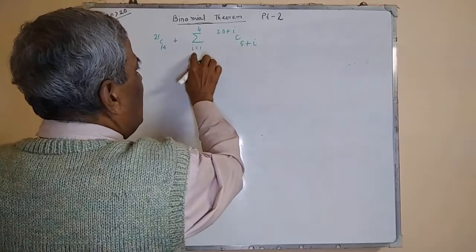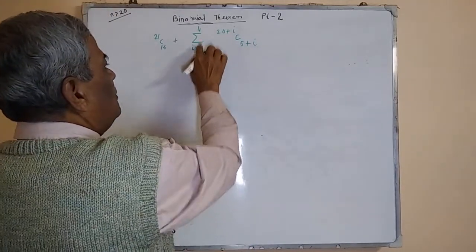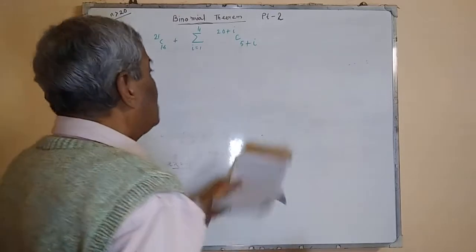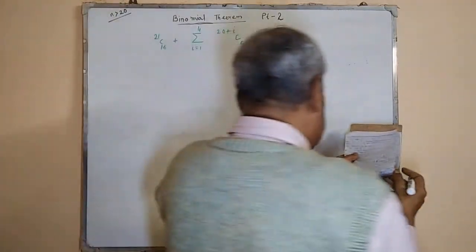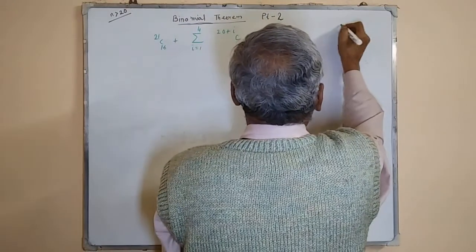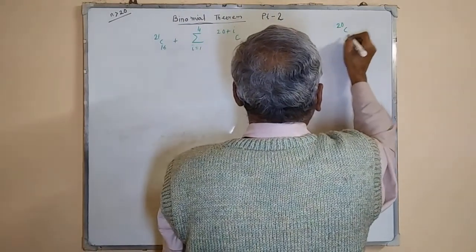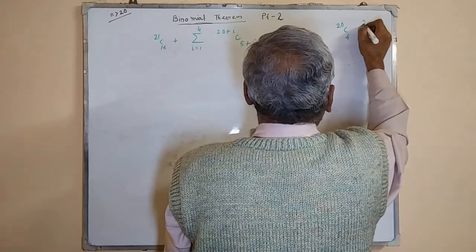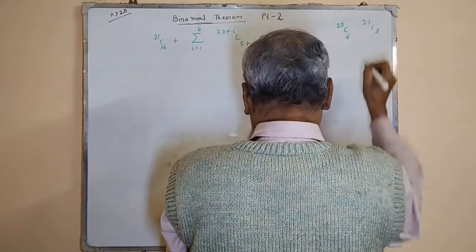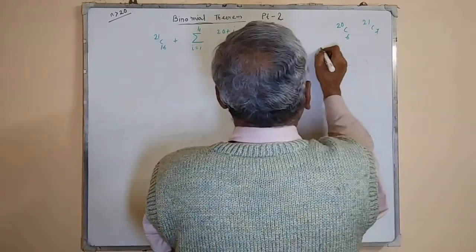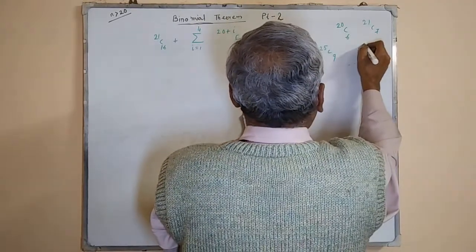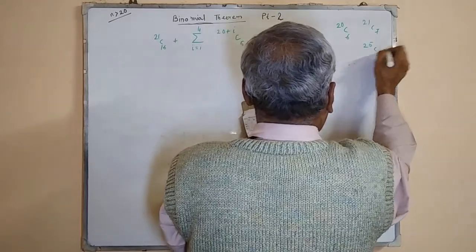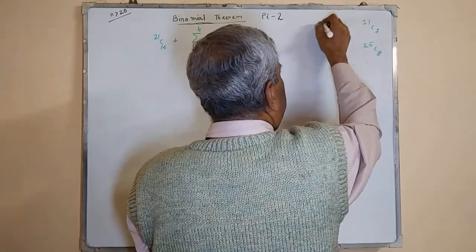This summation is over i. There are 4 terms here. So we have to find the simplest value of that. Options are 20C6, 21C7, 25C9, 25C8. These are the options.